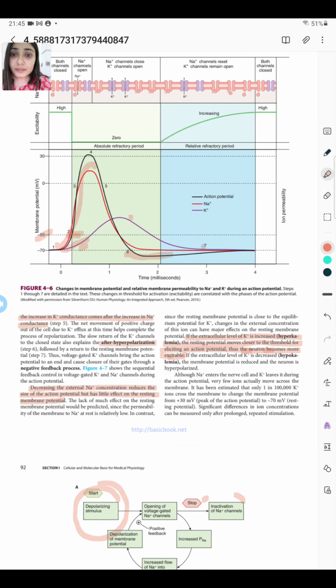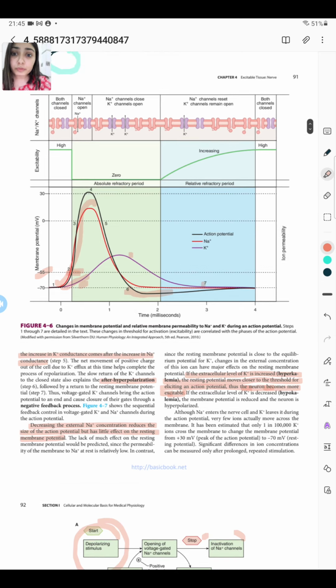What are the ion fluxes that happen? This is a really beautiful diagram that is shown here. You can see the conductance of the sodium channel and the conductance of the potassium channel. The black one is the resultant, the ultimate action potential that is developed as a result of opening and closing of these channels, right?